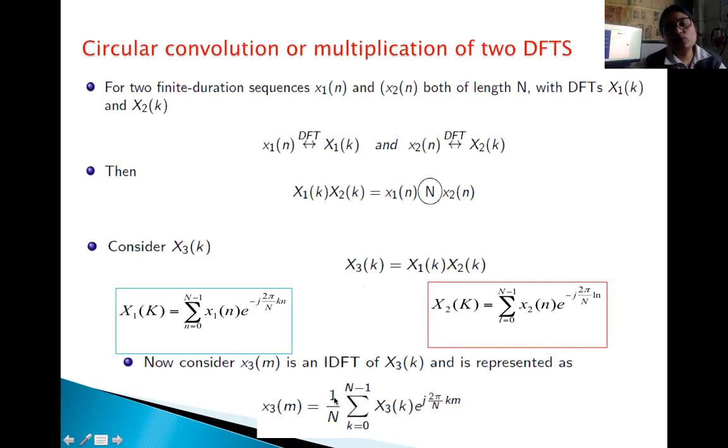What is the IDFT formula? x3 of m is equal to 1 upon N summation k varies from 0 to N minus 1, x3 of k e raised to j 2 pi k m divided by capital N. By using this, we can find the IDFT values of the sequence. The output sequence x3 of k is in the frequency domain; when we apply the IDFT, we get x3 of m, the sequence in the time domain.